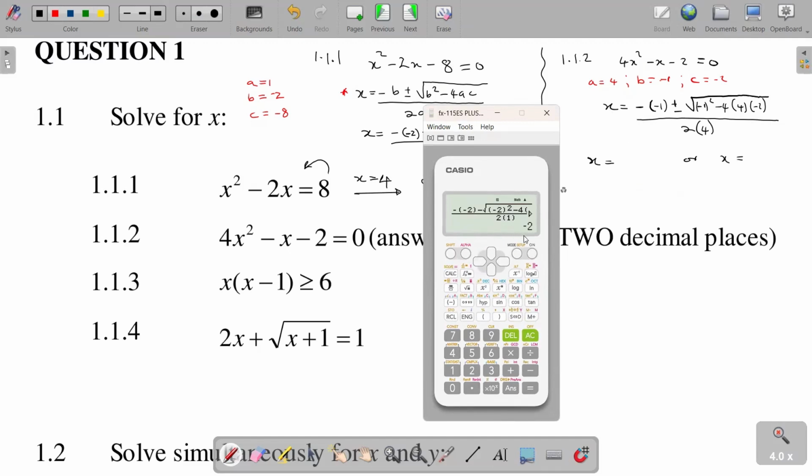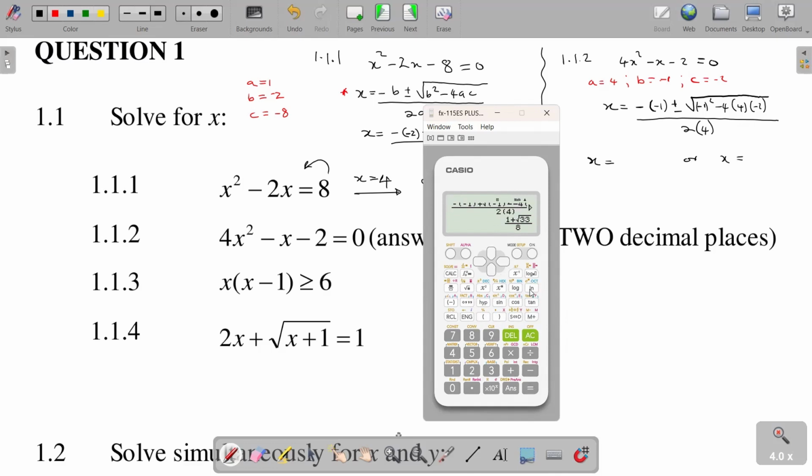So it's going to be minus our b, which is -1, plus the square root of b squared, which is -1 squared, minus 4, our a is 4, then our c is -2, all over 2a, the a is 4.